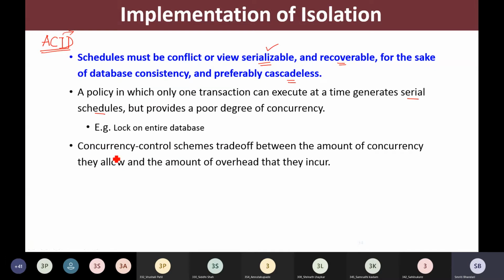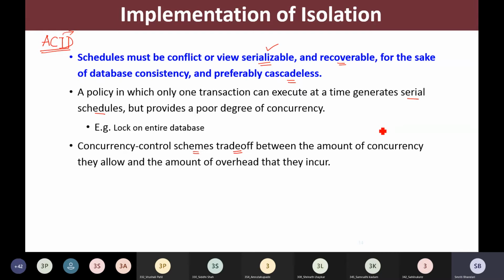So if we go for some modern concurrency control schemes, they employ a trade-off between the amount of concurrency these systems allow and the amount of overhead that they incur. Obviously, if we want to have concurrency in our system, then even though more than one transaction is working concurrently, the isolation property needs to be satisfied. To implement this isolation, we need to come up with concurrency control schemes.